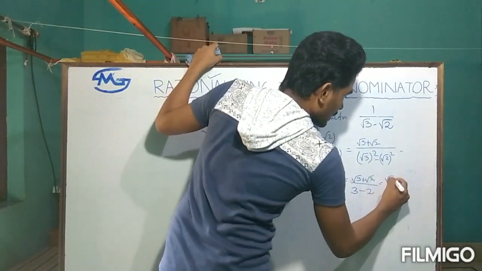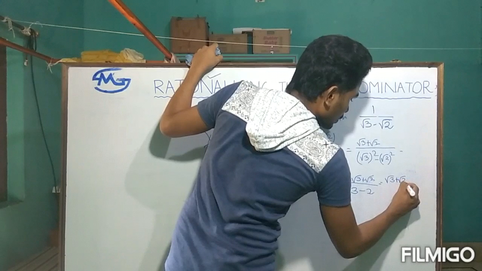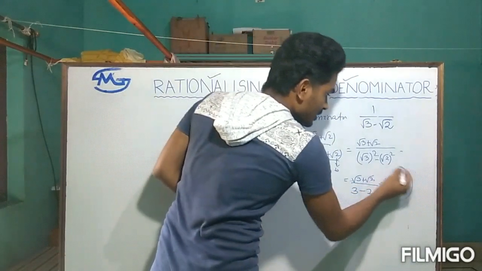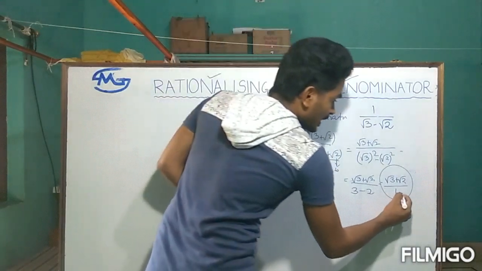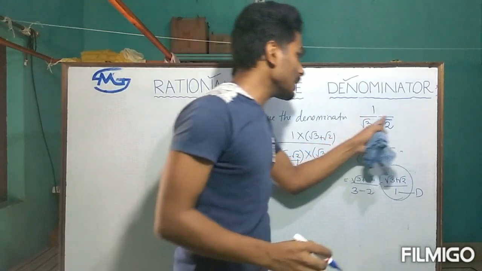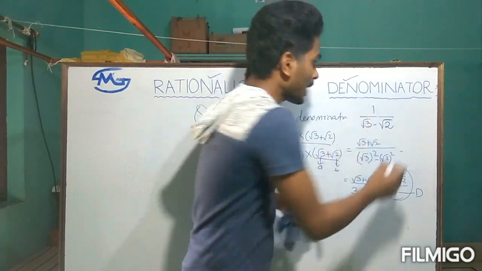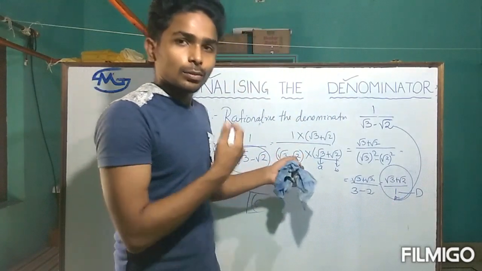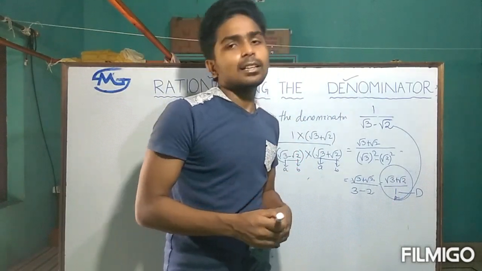So the answer is root 3 plus root 2 divided by 3 minus 2, which is 1. So it is a fraction again. Here the denominator is 1, which is rational. But earlier the denominator was irrational, and it is converted into a rational form. This is the way through which we can rationalize the denominator.